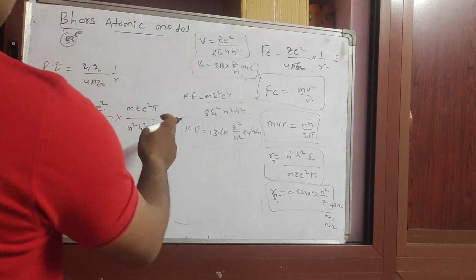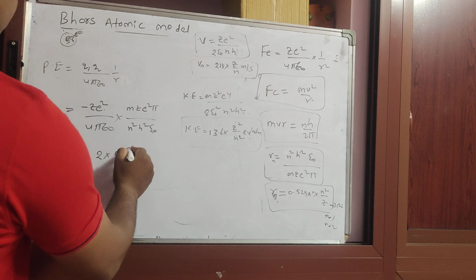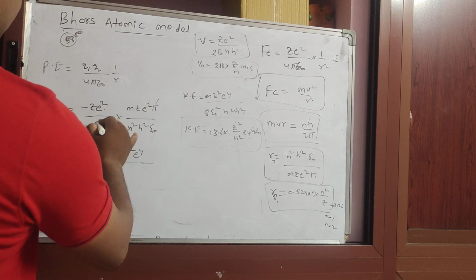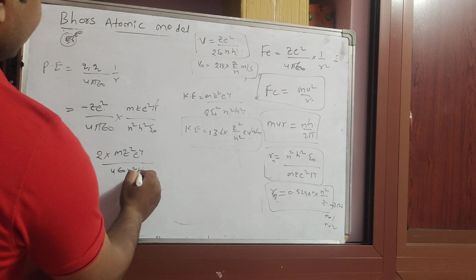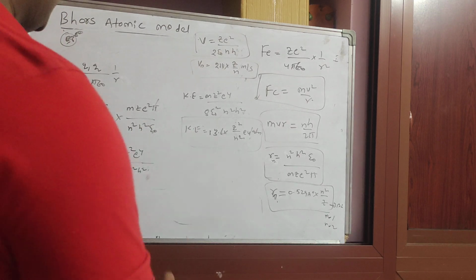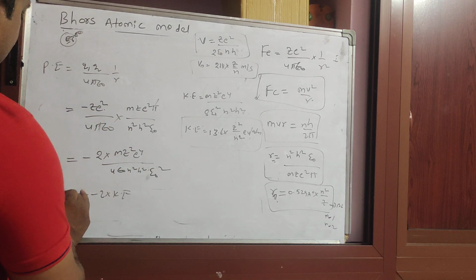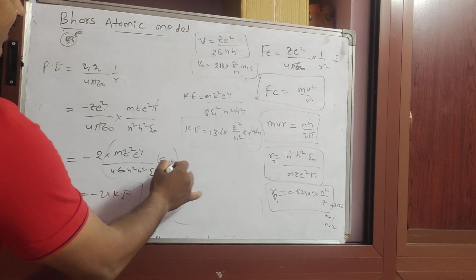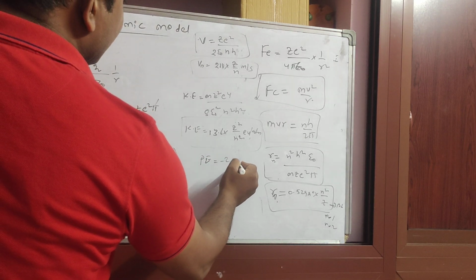It is minus 2 into m z square e to the power of 4 by 8 epsilon naught square n square h square, and pi will cancel. This is equal to minus 2 times the kinetic energy. Yes, got it. Then potential energy is equal to minus 2 times the kinetic energy.